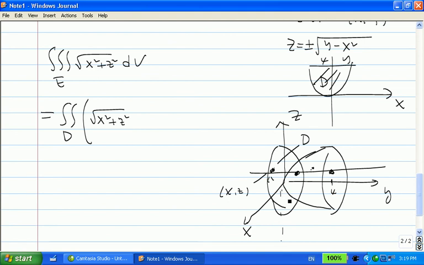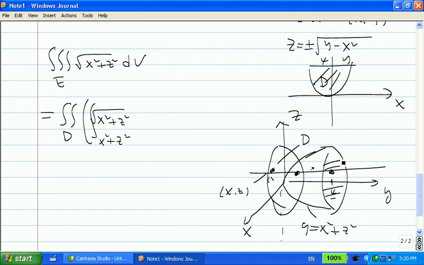So what is this bottom surface? Obviously this is the paraboloid. For given xz, your y there is, this paraboloid is y equals x squared plus z squared. So that's the bottom surface of the integral for y, given x and z. What's your top surface? Top surface is this one.